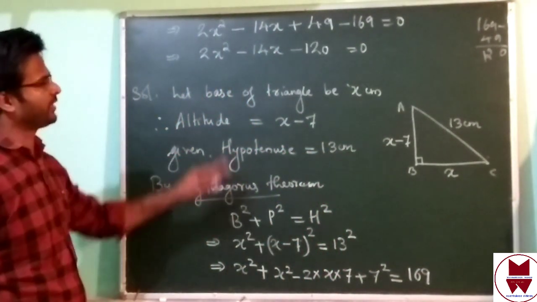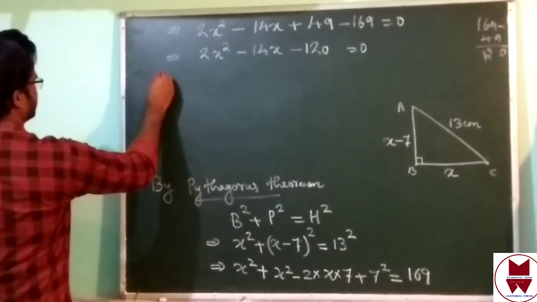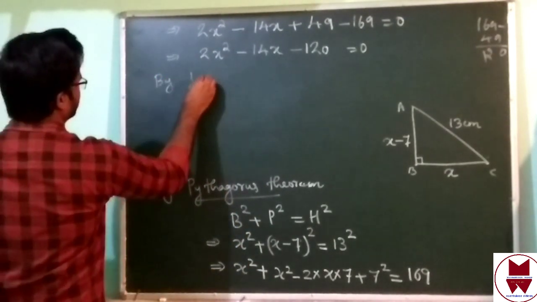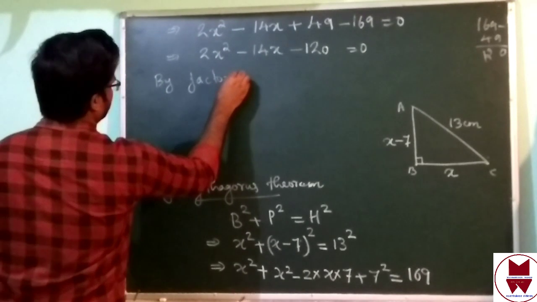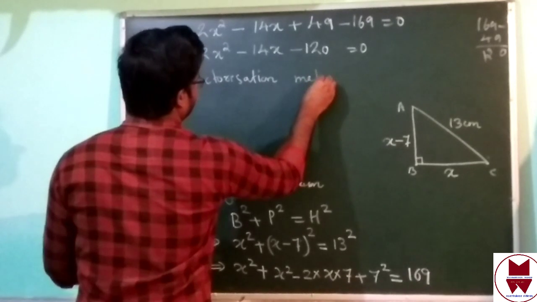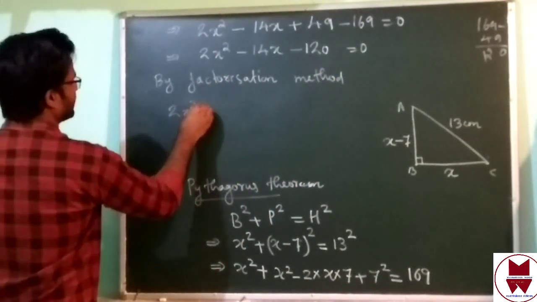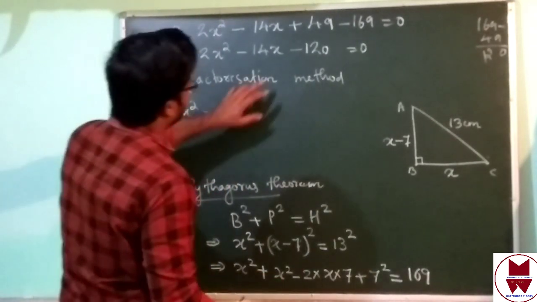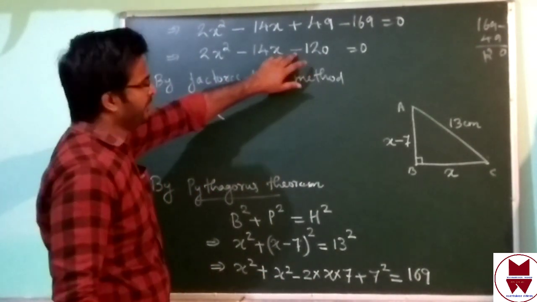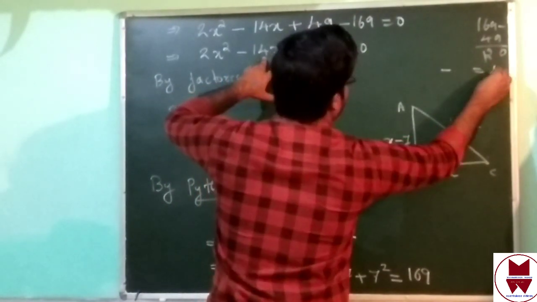Just pause the video. Write down up to here. By factorization method, we can write 2x square minus, when you subtract, we need 14.